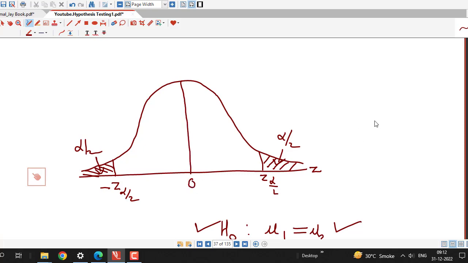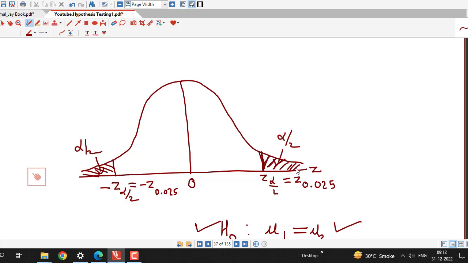We know that if sample sizes are large, then the z statistic follows normal distribution, and here alpha is given as 0.05. So this is going to be z suffix 0.025, and this is minus z suffix 0.025. And what is the meaning of this?